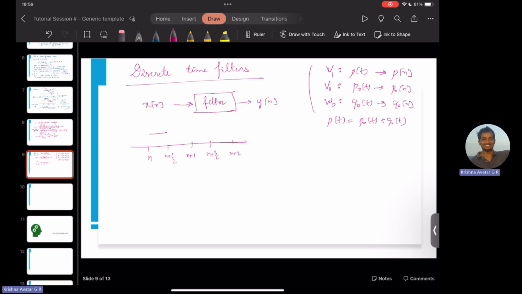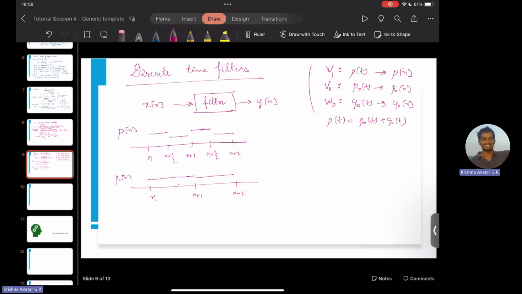So it will have values something like this, piecewise constant over intervals of length half. So you have Pn. However, for P naught of n, they are defined to be constant over unit intervals. So you have this and something like this.